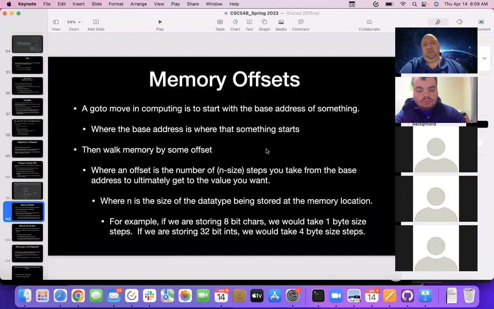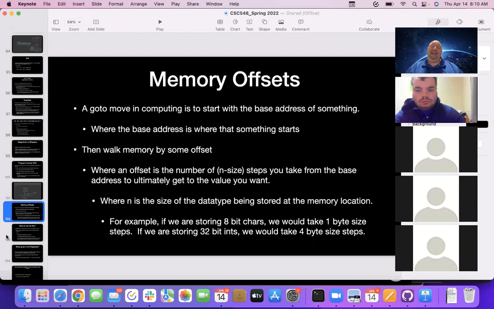All right, so this operates off of, as we just saw there, this idea of a memory offset. And in older classes, we've probably talked about arrays at some point. You've had some teacher or me talk about arrays, where arrays hold a base address. They require a bunch of contiguous memory.